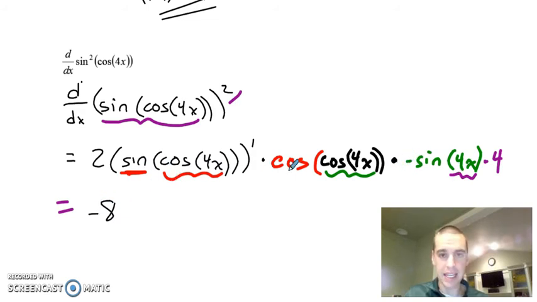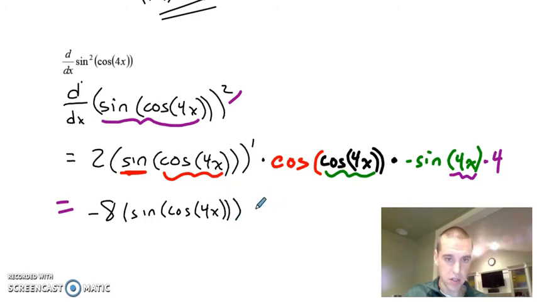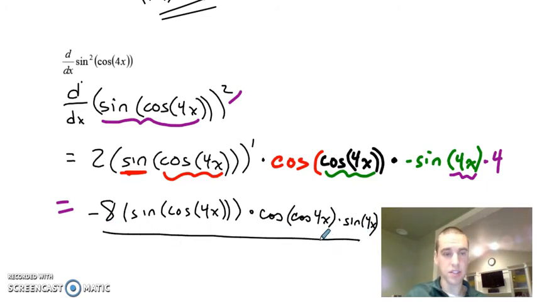We cannot combine any of this, so we're going to rewrite it as sine of cosine 4x multiplied by cosine of cosine 4x multiplied by sine of 4x. And that is our answer.